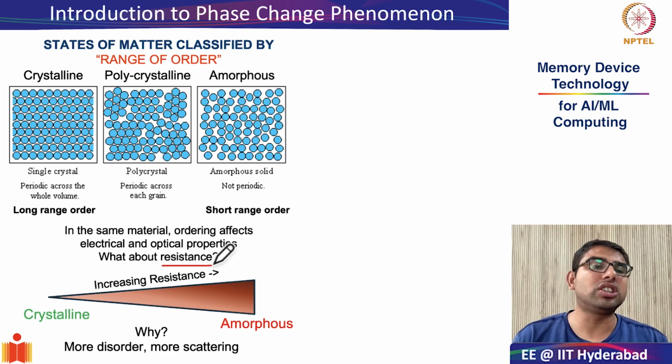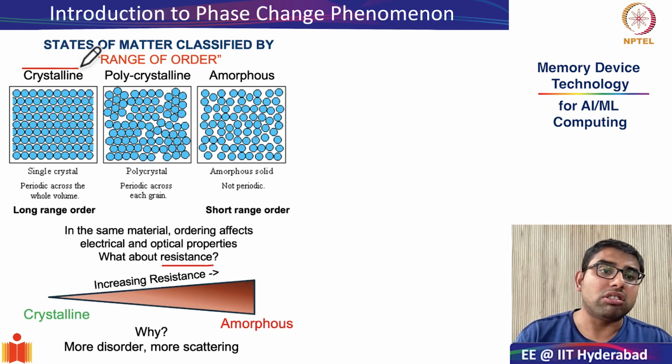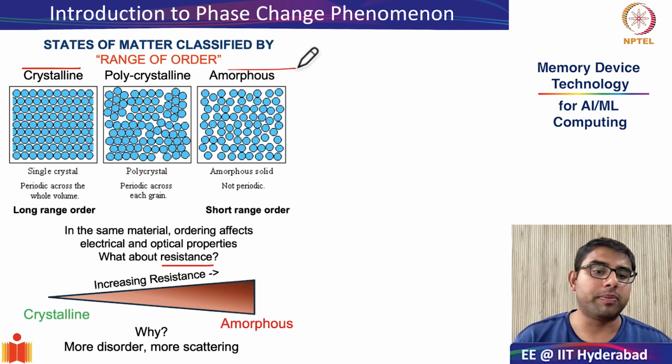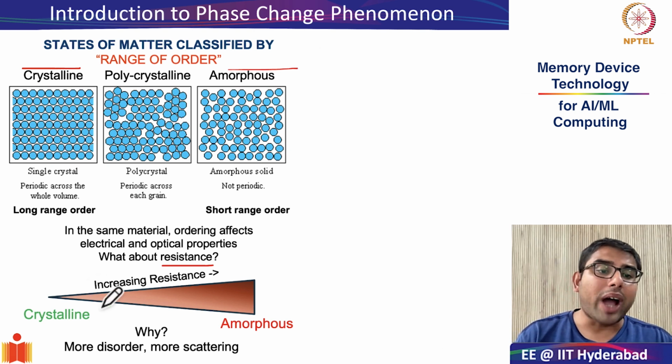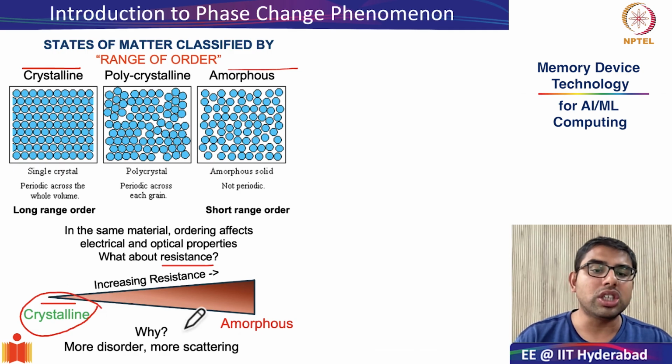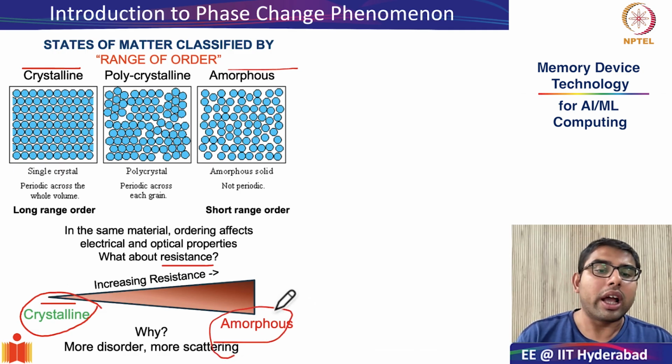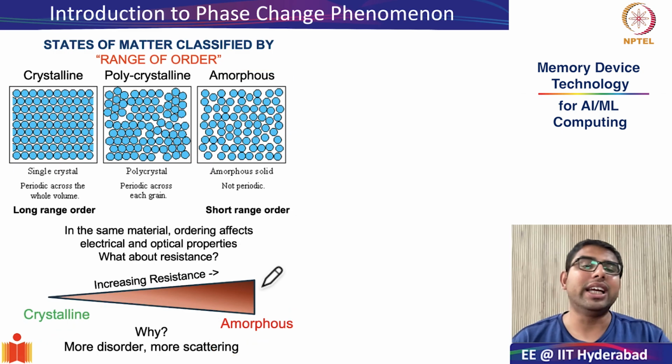How does resistance vary for the same material once it is arranged in crystalline and in amorphous phase? And a little bit of understanding of device physics may tell you that while a crystalline material is expected to have low resistance, an amorphous material is expected to have high resistance.